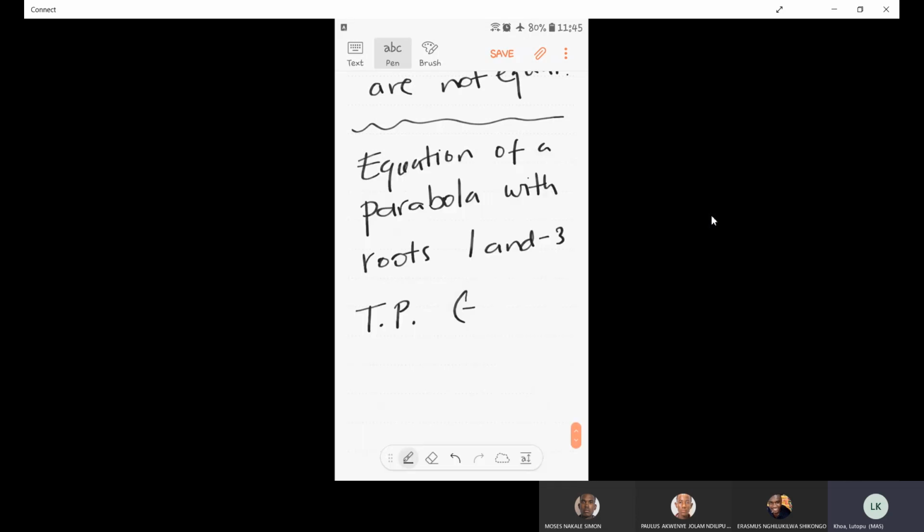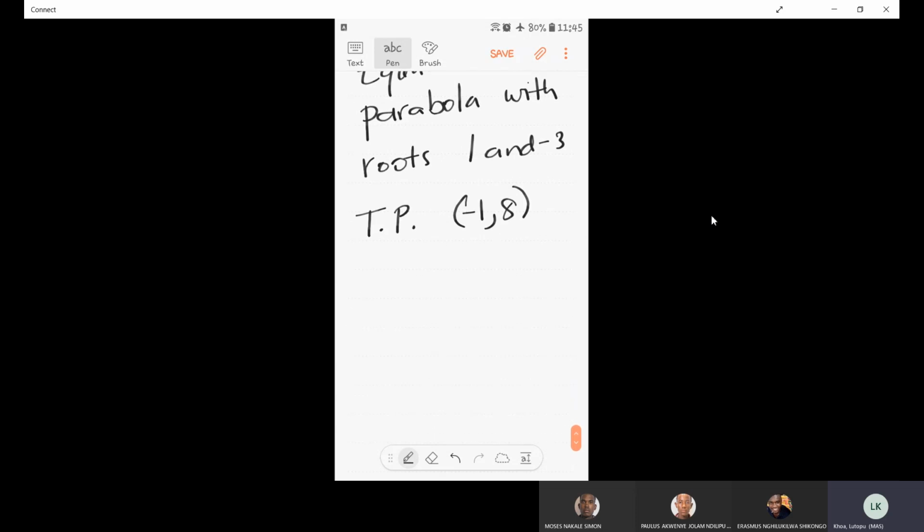of (-1, 8). Now here, when you are given the roots of the parabola, you should know that the parabola can be factorized as y = a(x - alpha)(x - beta), where alpha is your first root and beta is your second root.